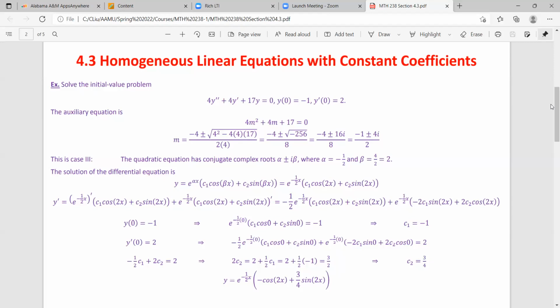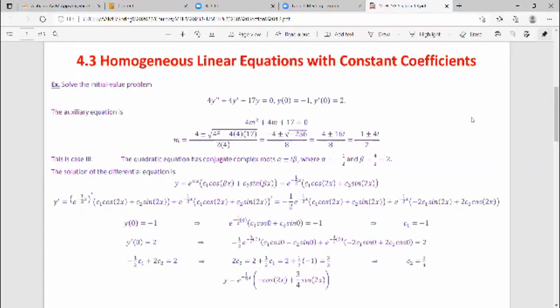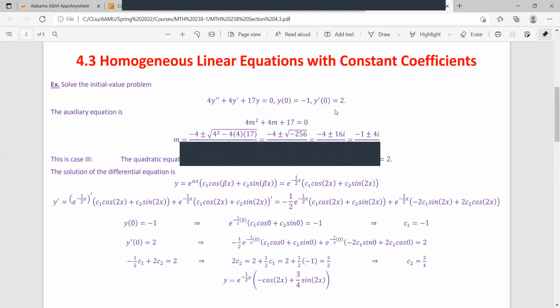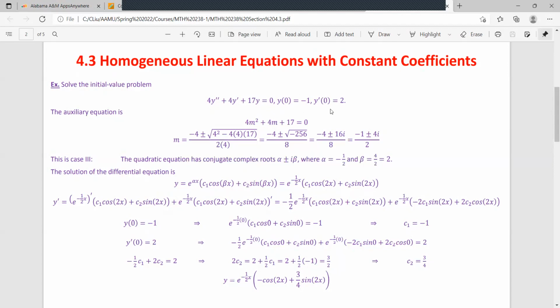You need two initial conditions to solve a second-order differential equation, and this is exactly what we have here. The function value at the initial point x equal to 0 is -1. The derivative of the function at the initial point x equal to 0 is 2.